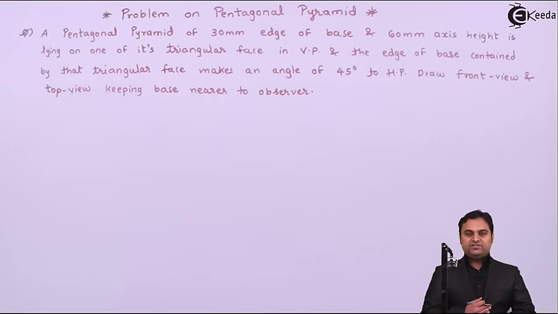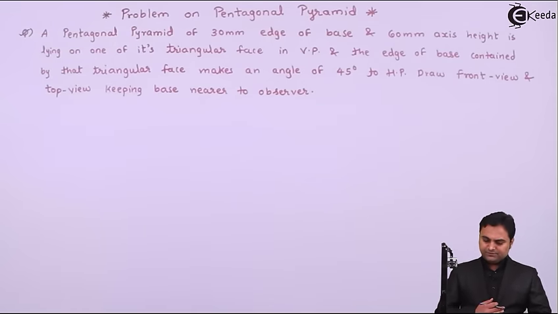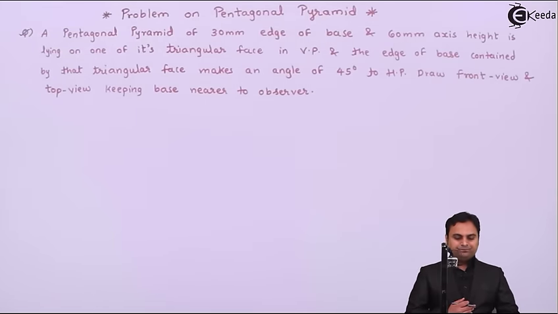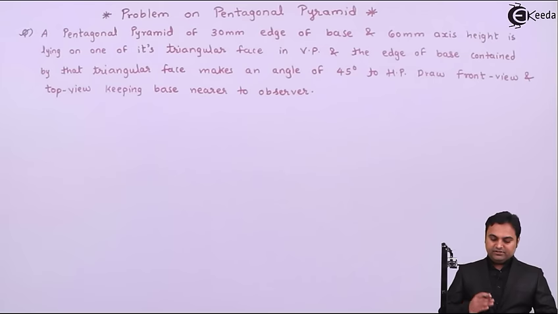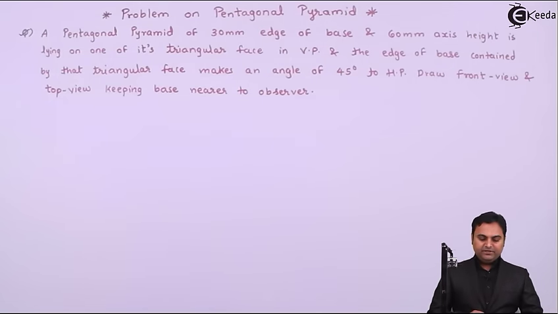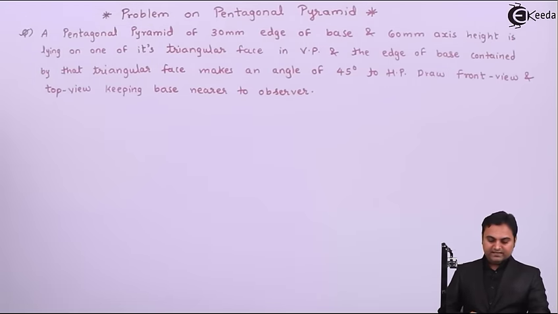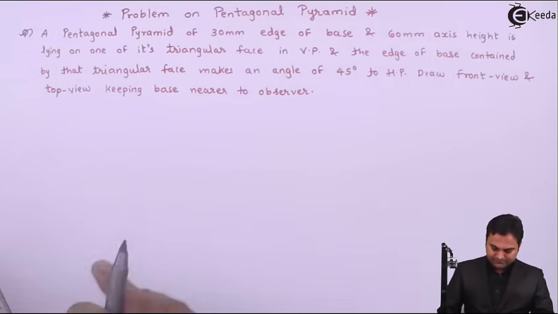I will be explaining the initial conditions. First, by reading the problem, it is understood that the type of solid is a pentagonal pyramid. So I will draw the diagram for that and explain it.